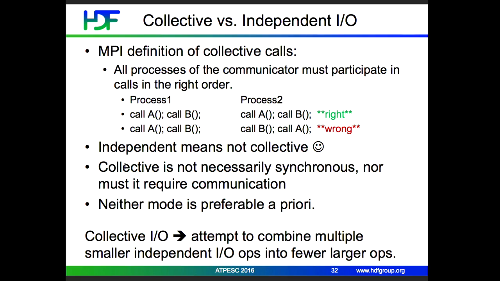Let's talk a little bit about collective versus independent. The MPI definition of collective calls says pretty much that everybody in the communicator must participate, but also that participation has to occur in the right order. So for example, if you have 2 MPI processes and the first one calls API A, and the second process also calls API A, and then they both call B, that would qualify as collective calls.